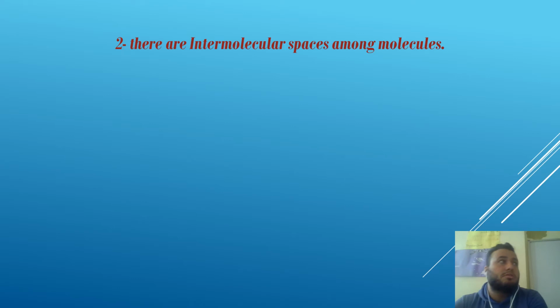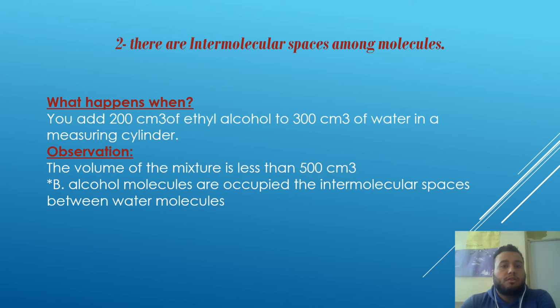Number two, there are intermolecular spaces among molecules. What happens when you add 200 cubic centimeters of ethyl alcohol to 300 cubic centimeters of water in a measuring cylinder? You will say that the volume of the mixture becomes 500.